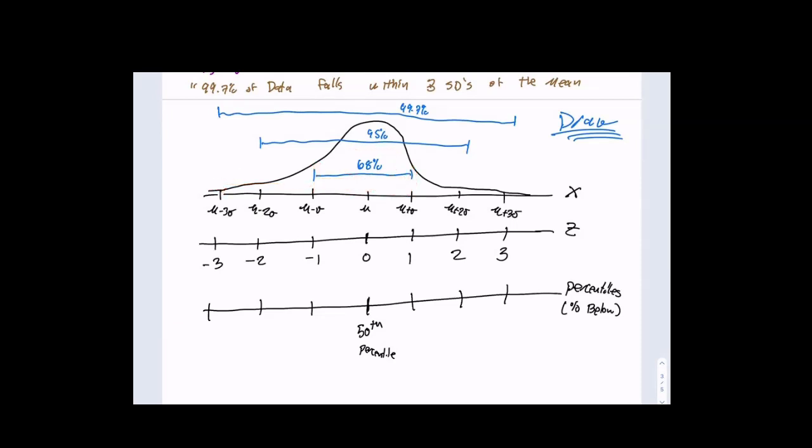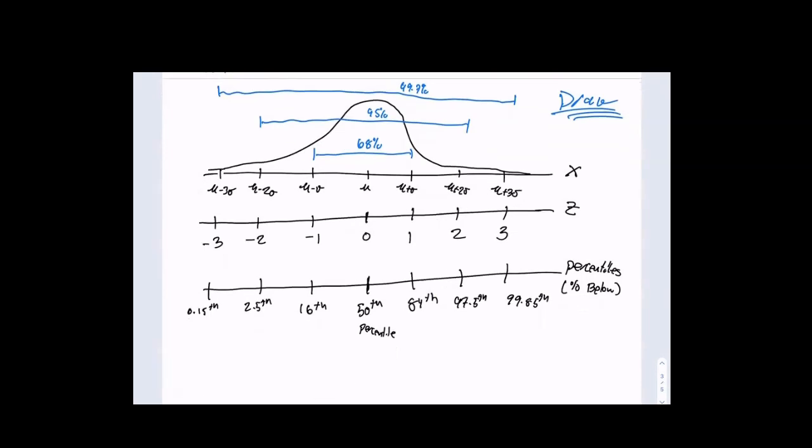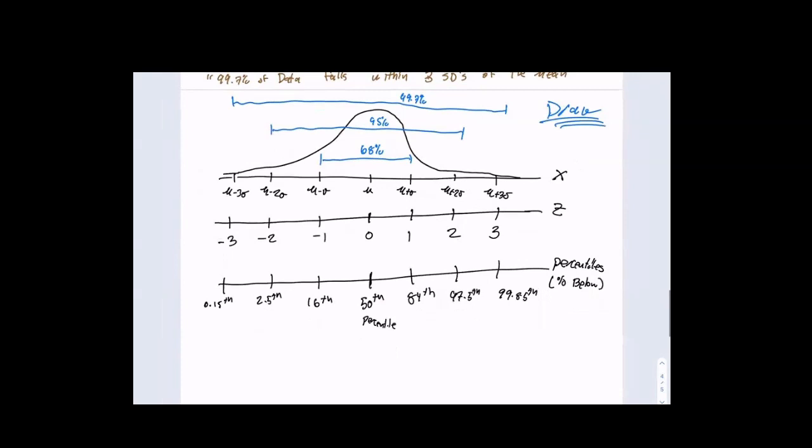Perfect. So this would be considered the 16th percentile. And I'm just going to write the rest. The 84th percentile. This would be the 2.5th percentile. This would be the 0.15th percentile. This is the 97.5th percentile. And this is the 99.85th percentile. I'll explain a little bit more about these. I wanted you to at least get these on.